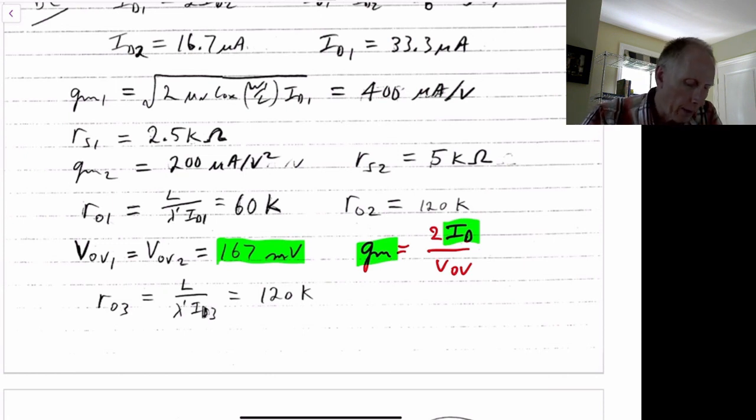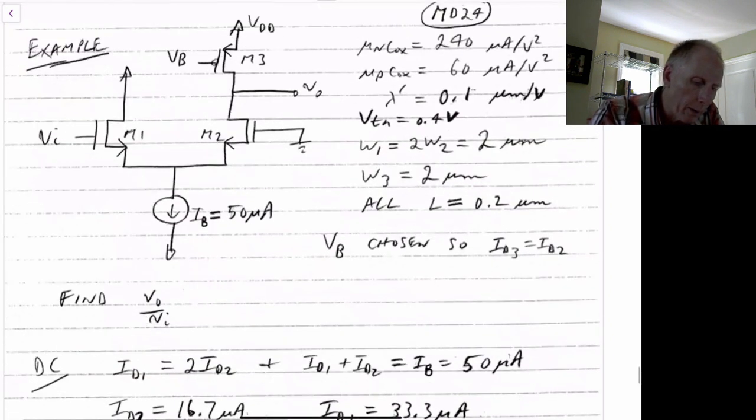Finally, we have RO3, which is the same equation that we had for the other ones. We know that ID3 is equal to ID2, so this current here equals that current there.